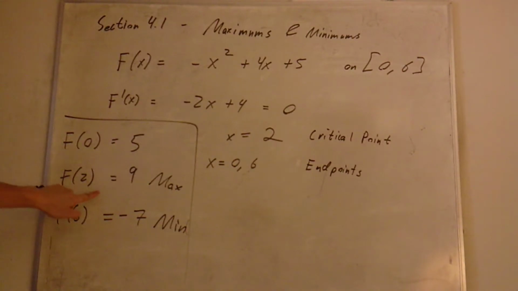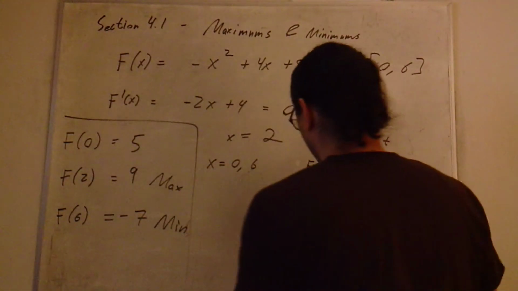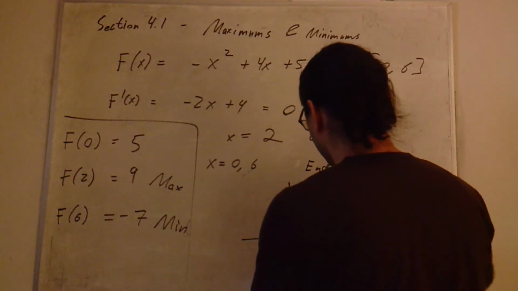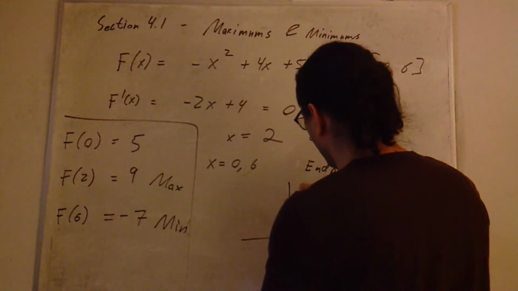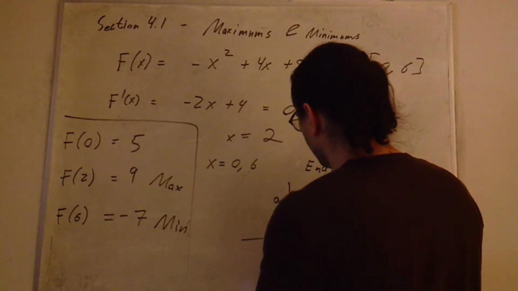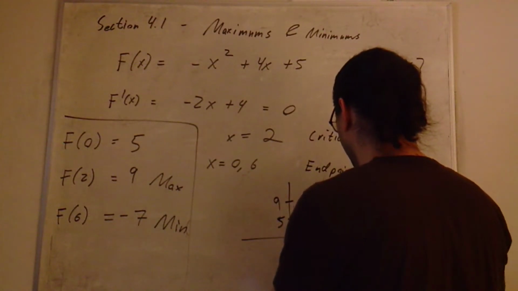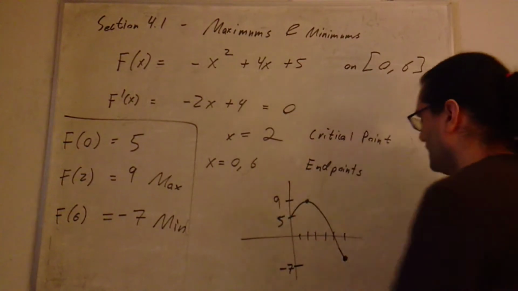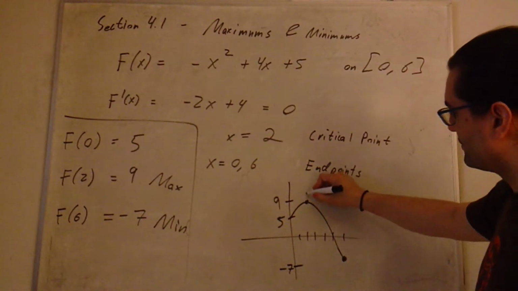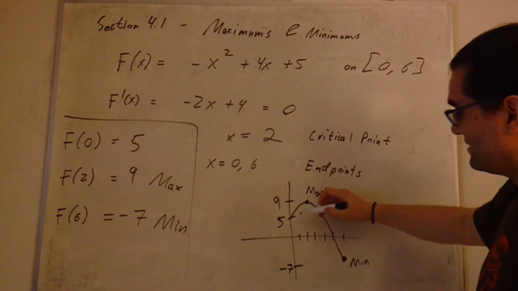Yeah, if it's near this 9, we have something that looks like this. So when x equals 2, we have 9. At x equals 0, we have 5. And at x equals 6, we have negative 7. So on this interval, this is my max, this is my min, and this is a local minimum.